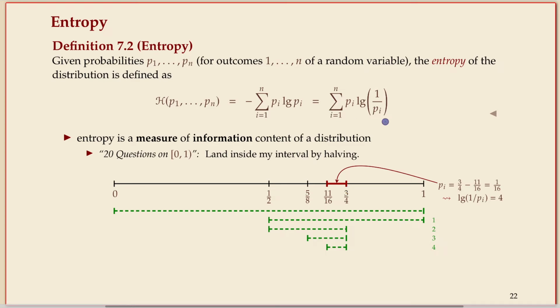But the entropy says, let's ignore the rounding. Suppose you can always make your questions work out to have the exact right place. Then you would need log of 1 over p_i questions. And so the total sum is the expected number of questions you have to ask. That's an intuition for the entropy. Now, how does that connect to compression and Huffman codes?